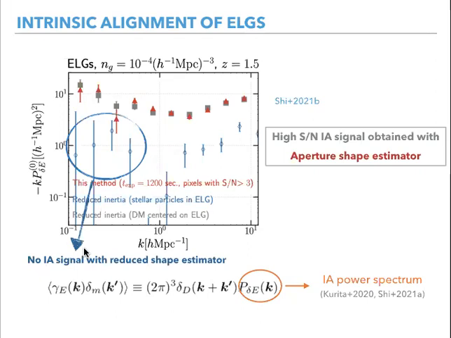Does that mean that the inner parts of galaxies have shapes that are more round than the outer parts? Or does it mean that the principal axes in the galaxies twist as a function of radius?